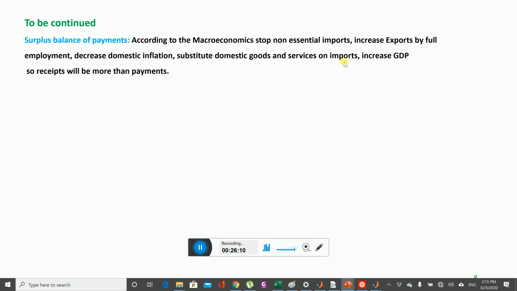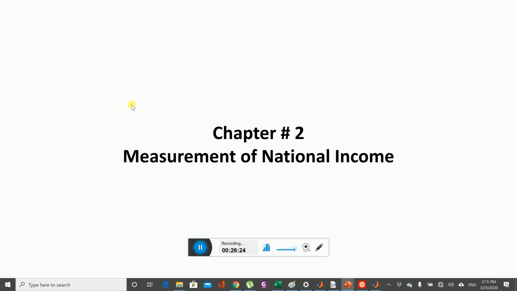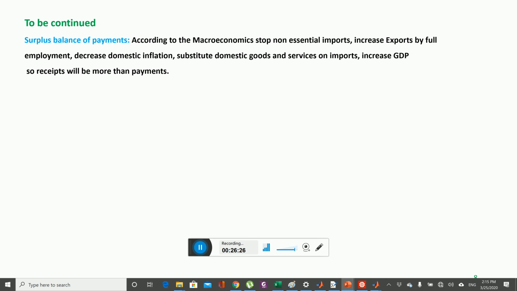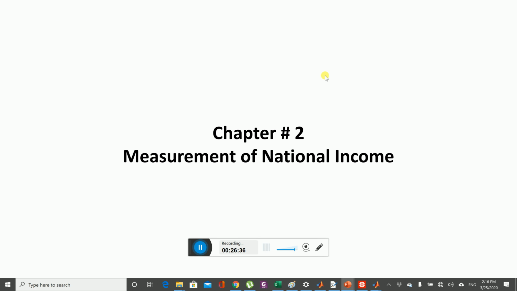When we replace imported commodities with domestic commodities, imports will automatically decrease and the balance of payments will be in surplus. Increase GDP, so receipts will be more than payments, and this is the surplus balance of payments, when you are paying less and receiving more from the foreigners.